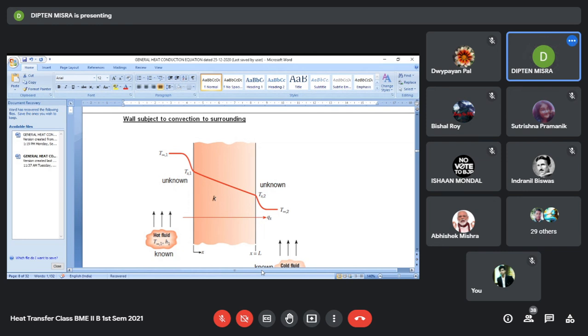What I am talking about is that there are two levels of people who will be involved. One group will be the users, who will be interested to know the value of H so that they can easily use it. And there will be another group of people who will be creating this type of knowledge. So one group will be knowledge creators, one group will be knowledge users. What we are expected to be is the knowledge creator, where we'll be able to know the value of H for situations which are so far uncharted, unused.